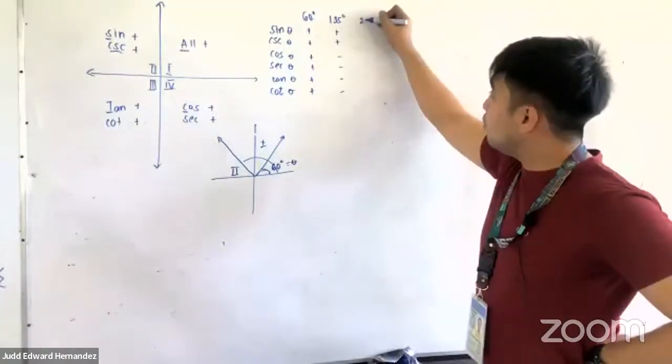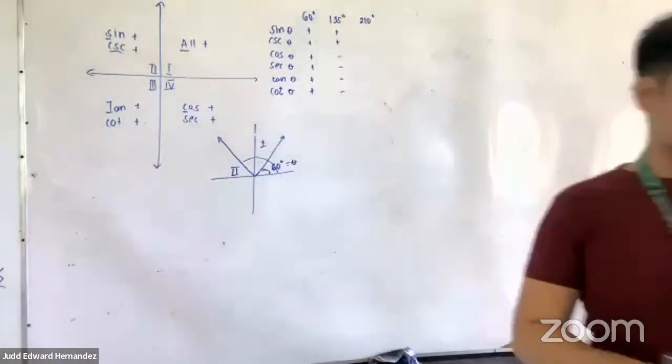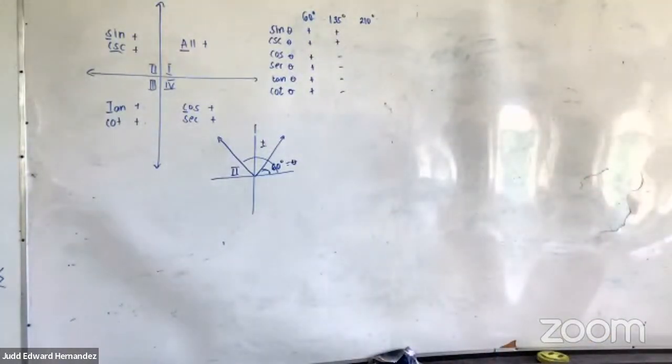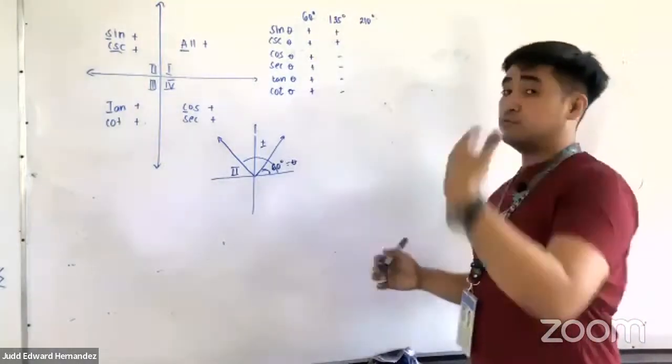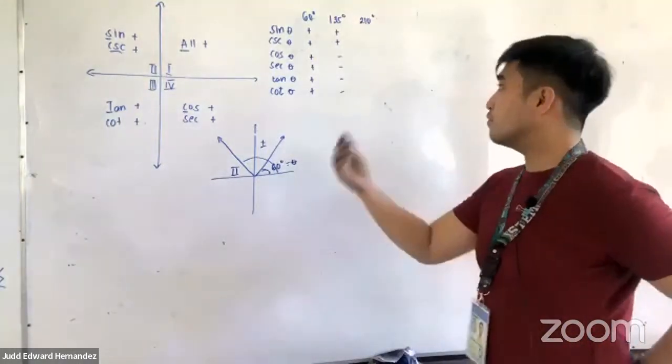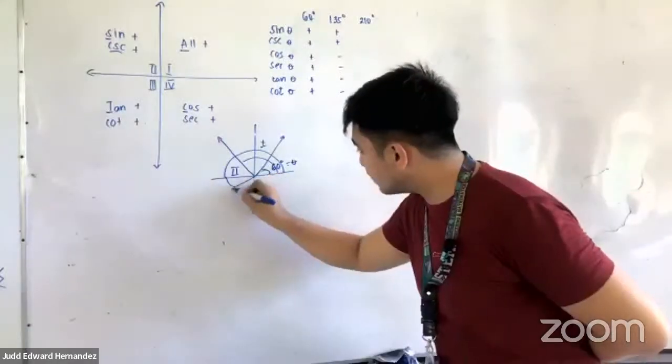Okay, so what if we have 210 degrees? Inuulit ko lang po itong discussion na to na dapat napanood nyo yung video natin ng asynchronous last week. Inuulit ko lang siya for the benefit of others. Okay, 210 degrees. Kapag umikot tayo, this is 180, this is 210.